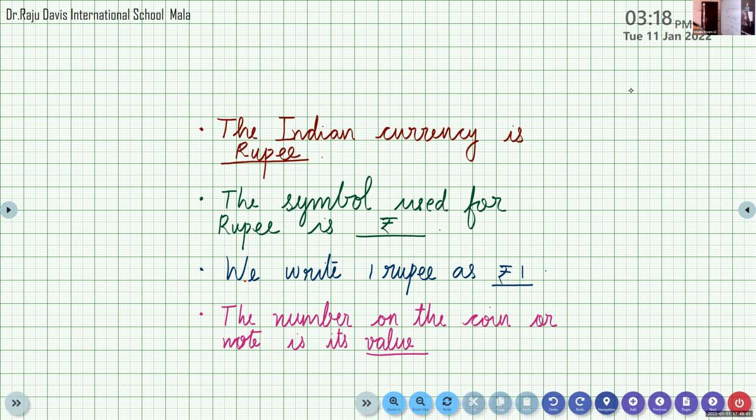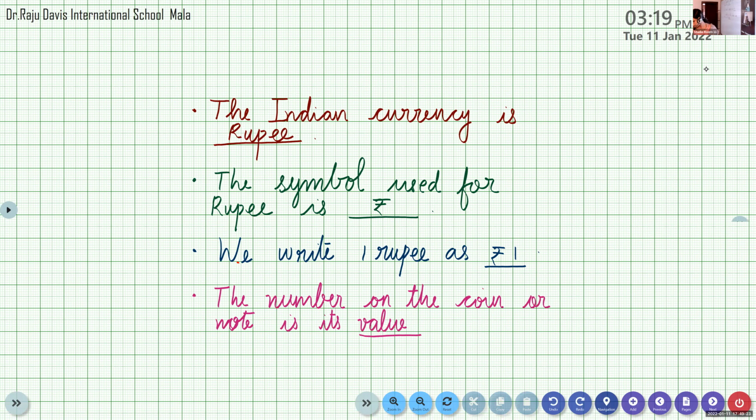Okay, now we can write. If you have space in the same page, you can write there. Otherwise, you can take a fresh page. Ma'am, my page is complete.